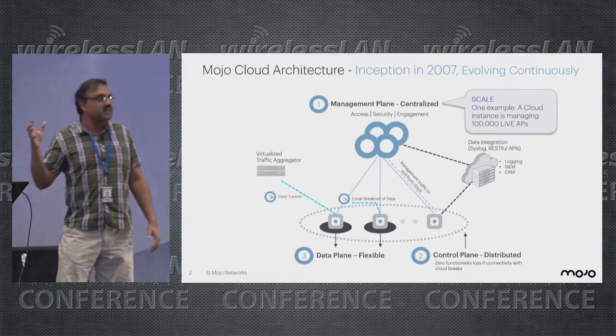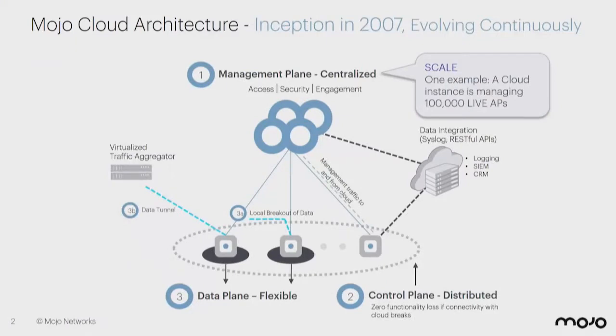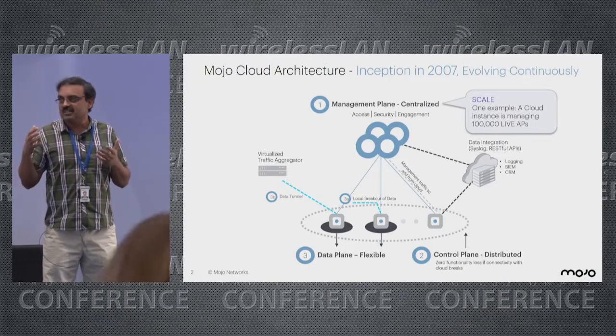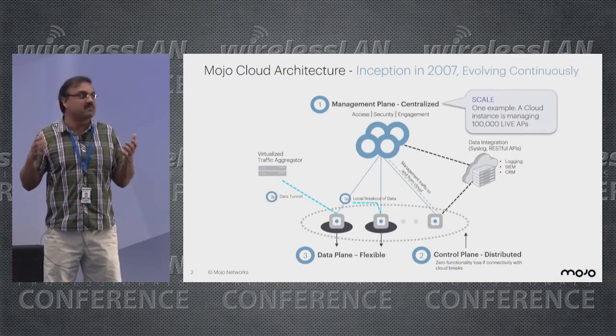We have the data plane, which can be a local breakout, or we can tunnel it through what we call a multi-service platform. But the interesting thing is the control plane. Since we are a true cloud vendor, there is no controller in the picture. So if the controller is not there, how do we make sure that the RRM, the auto transmit power, and those kinds of decisions are made in the WLAN?